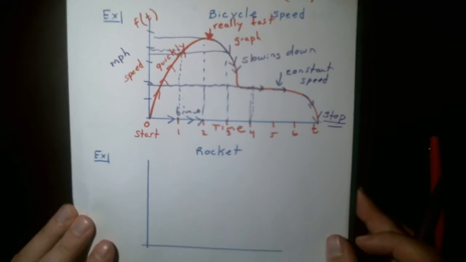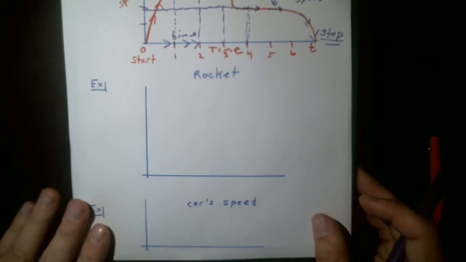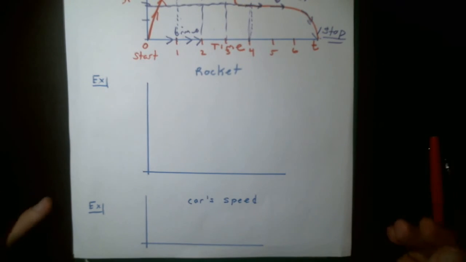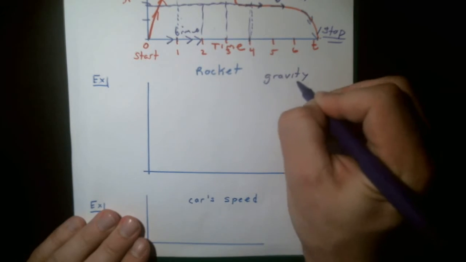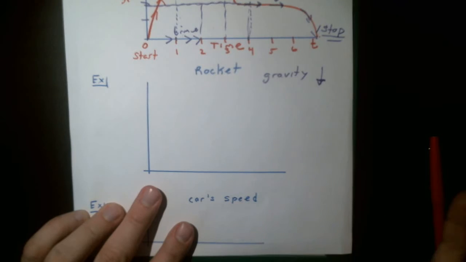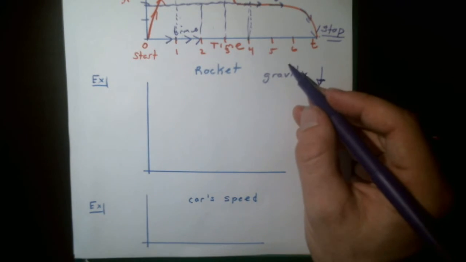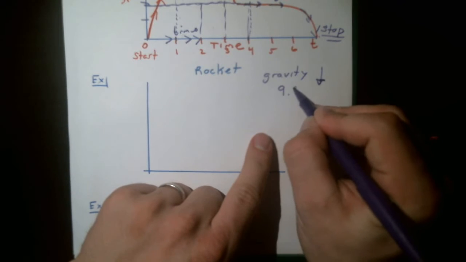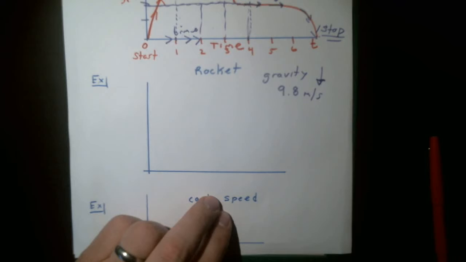So let's look at a rocket. Now, rockets, if you do some physics, are interesting. And we have one thing working against us: gravity. Gravity is always a downward force. Anywhere you stand, it's a downward force. And usually it's about 9 meters a second, downward.